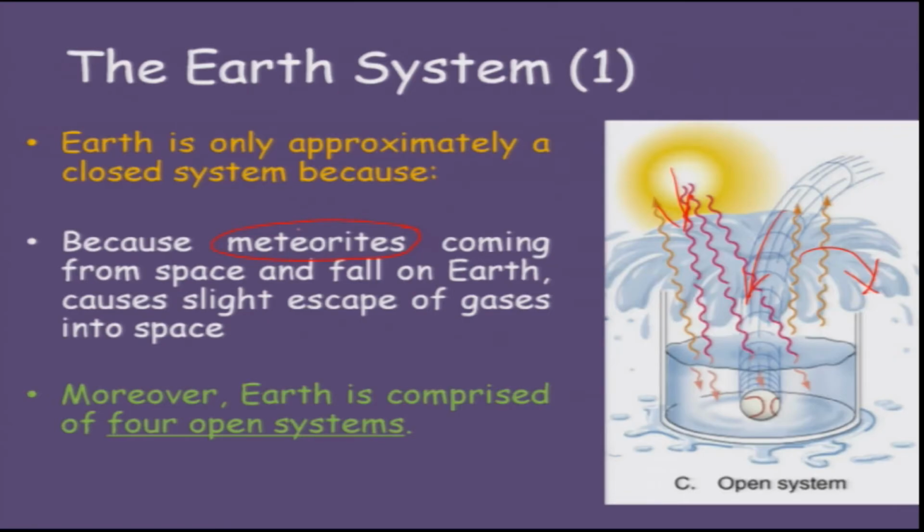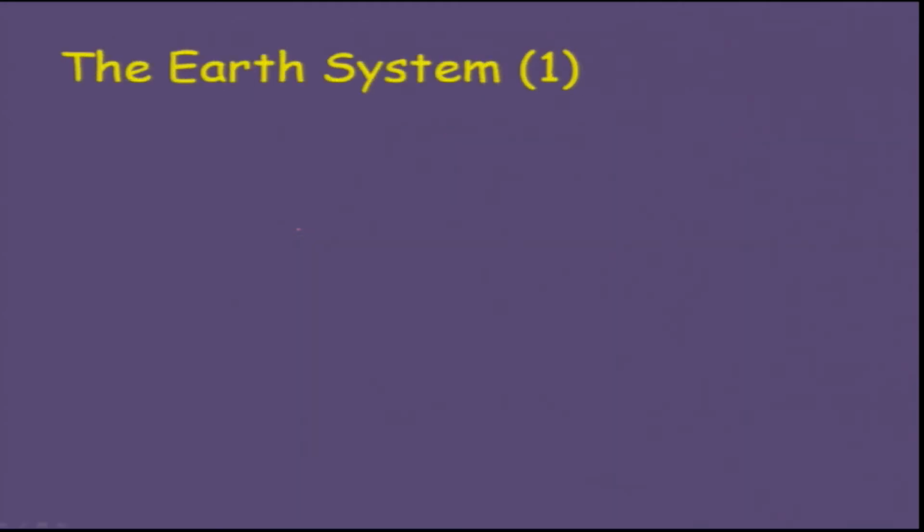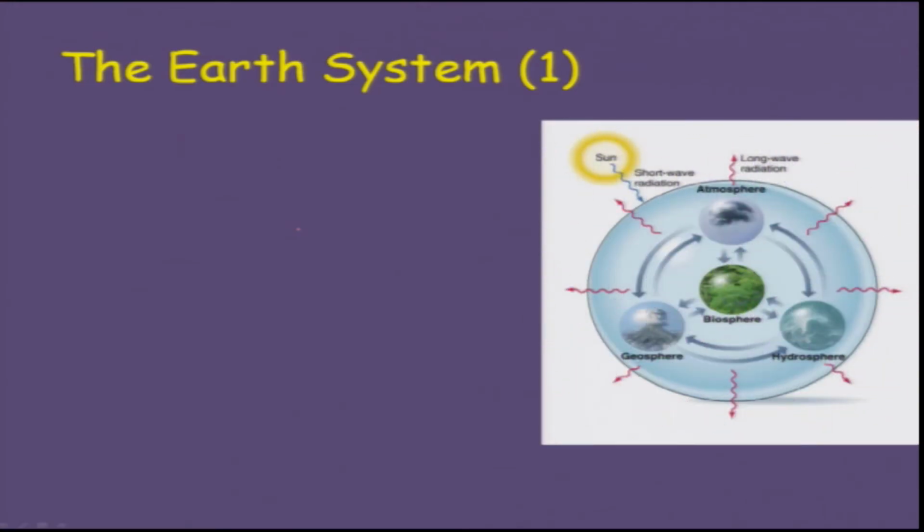But if you look at the internal four systems of the earth, those four systems are totally open systems. We have seen that the earth system is partially closed, but within earth we have other systems which are open.